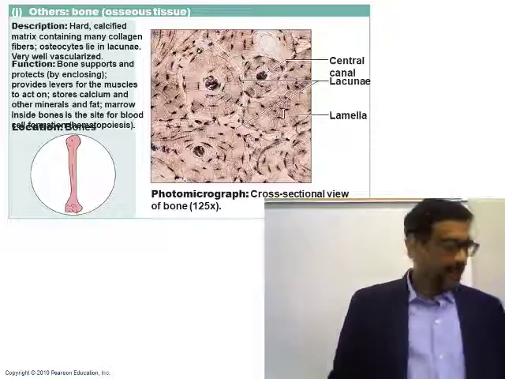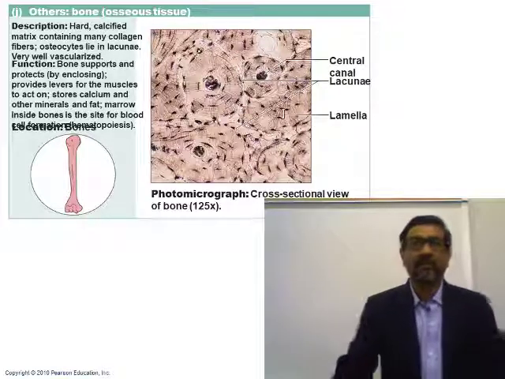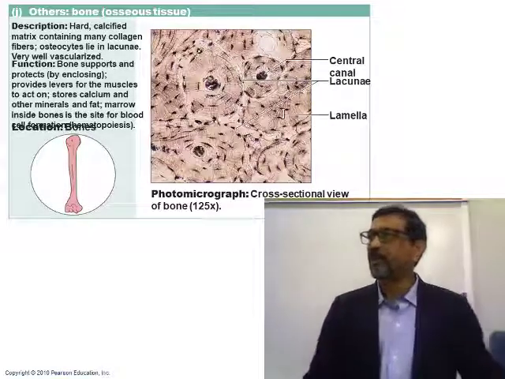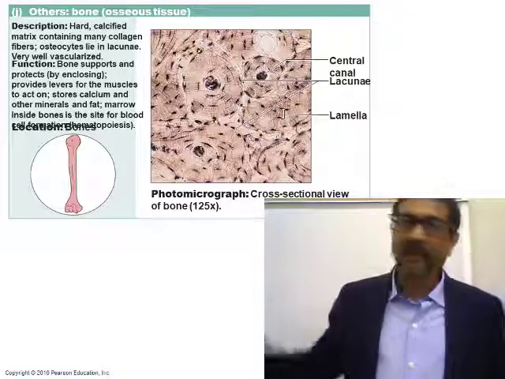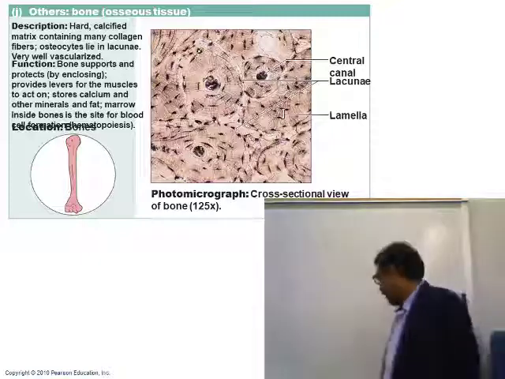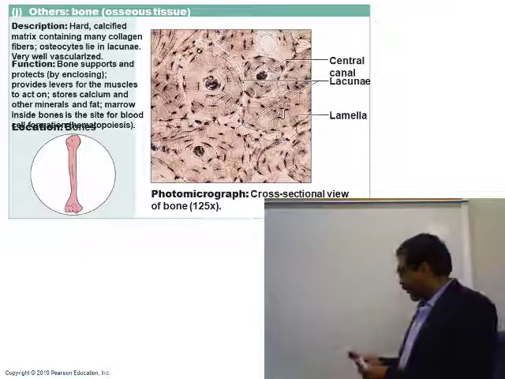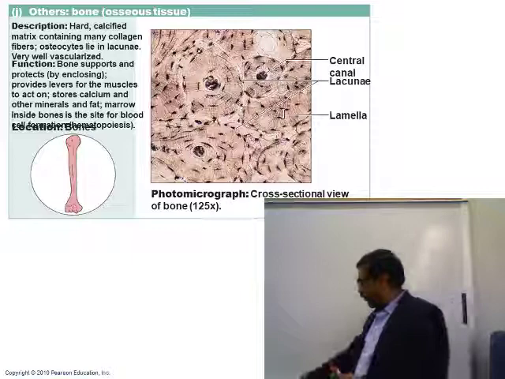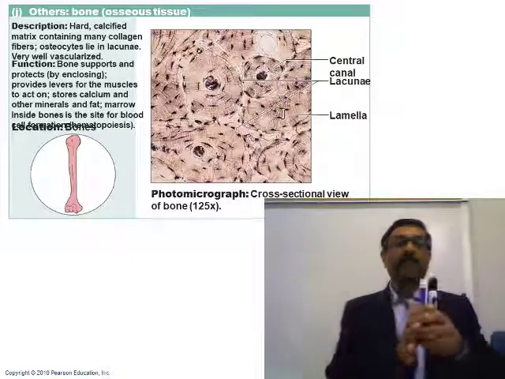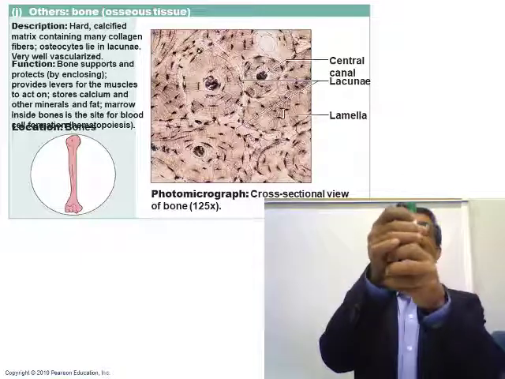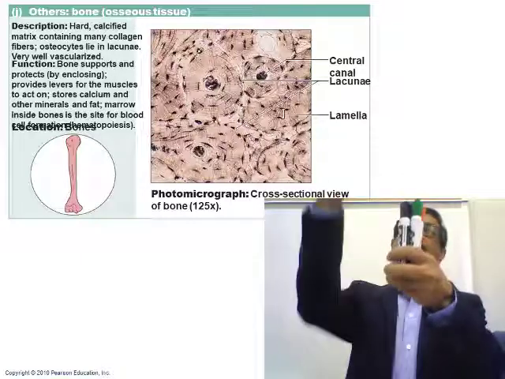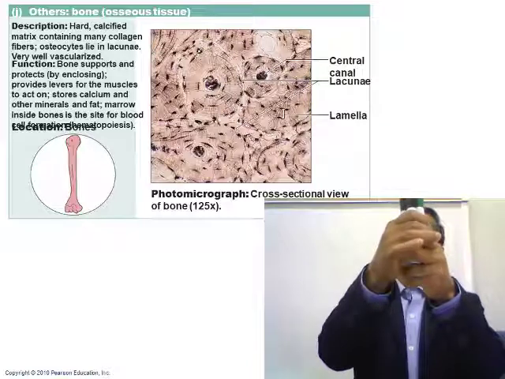If you see the microscopic structure of a compact bone, it looks like this. Compact bone is formed by many columnar structures like this. Look at this. Many columns like this bundled together.